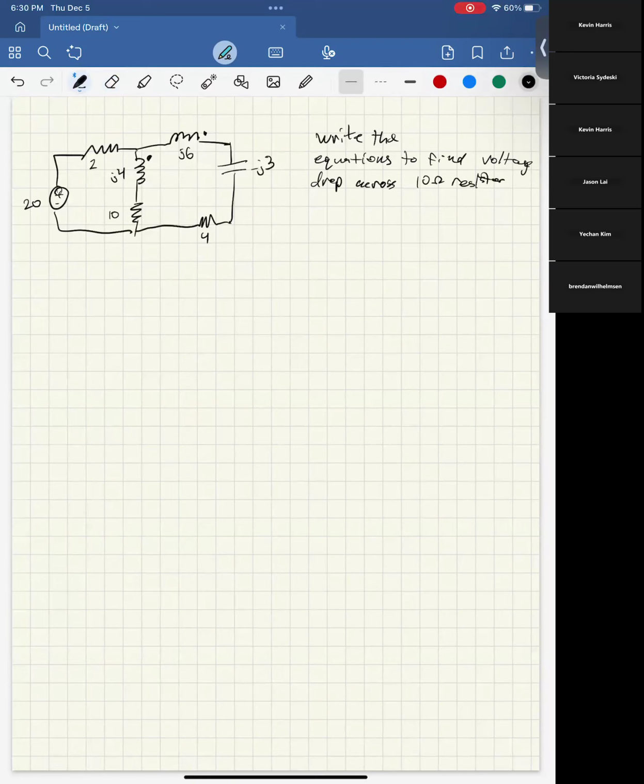So what we do here is kind of the same thing we did before, just more complicated now. So what we have, let me make sure I'm looking at this correctly.